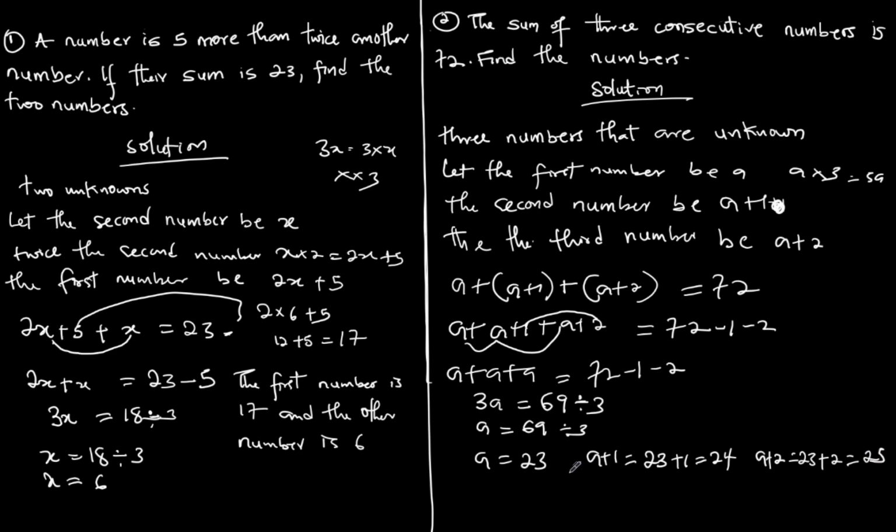So that means the first number is 23, the next one is 24, and then the third one is 25. You will know that we are correct because 24 is just 1 more than 23, and then 25 is just 1 more than 24, which means there are 3 consecutive numbers. But remember, the question was given in words, so your answer should also remain in words.